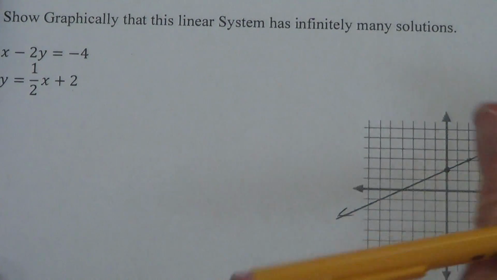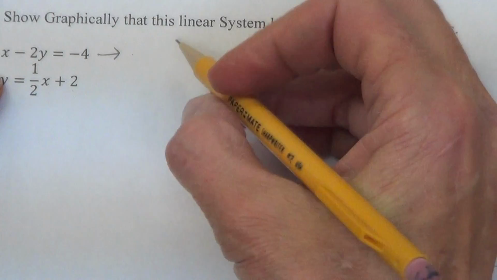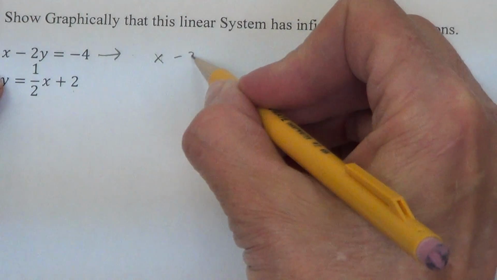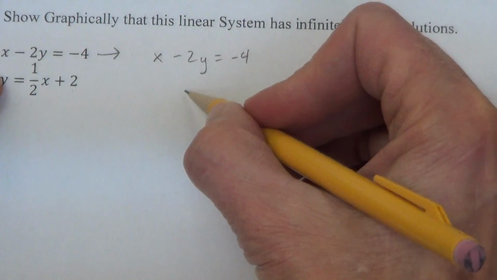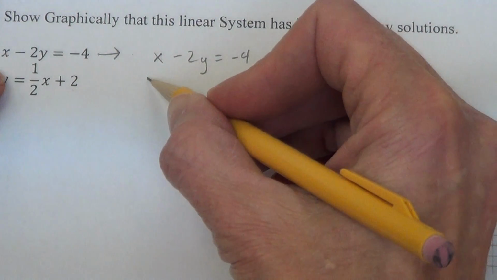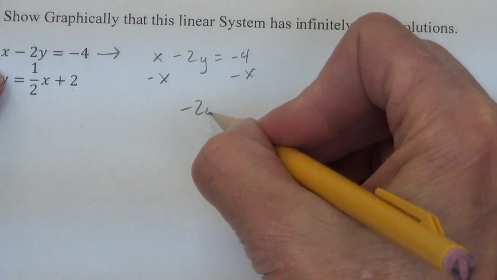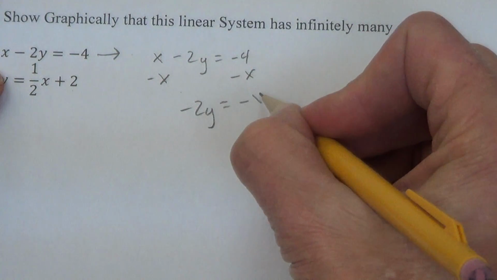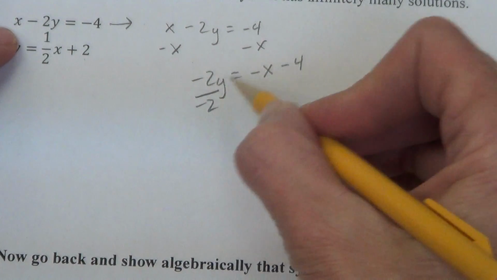Okay. Now we get the y alone for this line. x minus 2y equals -4. We subtract x from each side. We get -2y equals -x minus 4. Divide by -2.